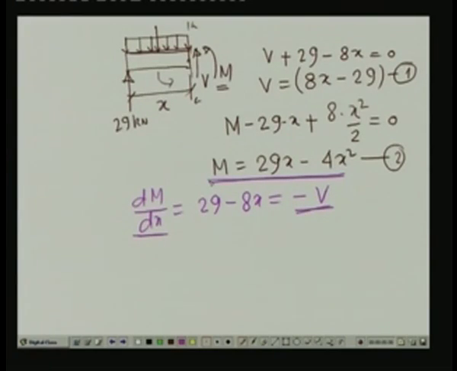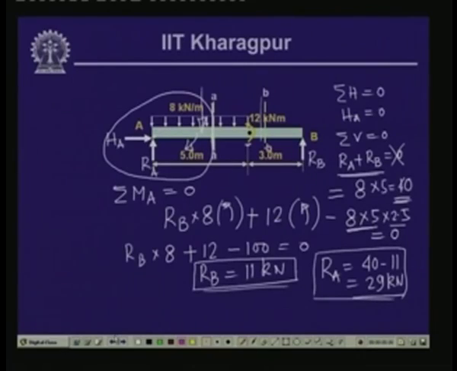Now, let us calculate the bending moment at the limiting point, where the uniformly distributed load comes to an end, where we have a concentrated moment, and beyond which we do not have any loading.